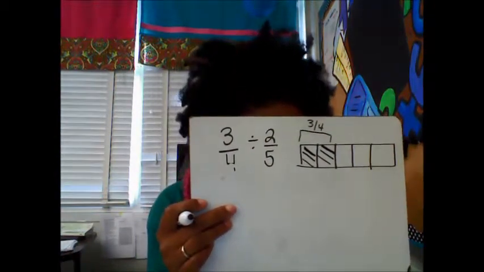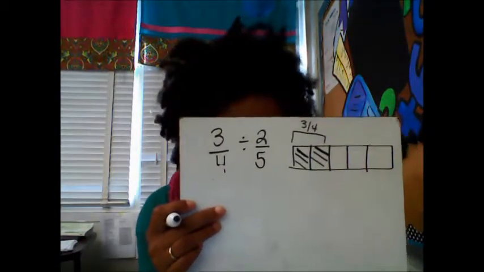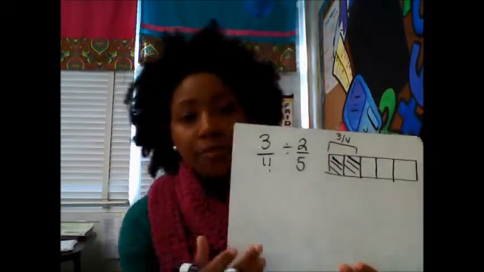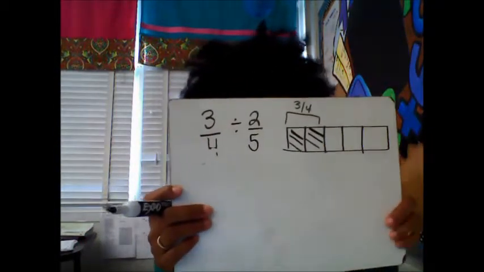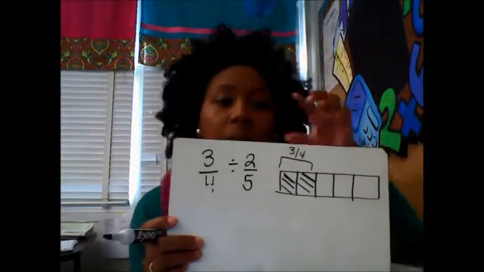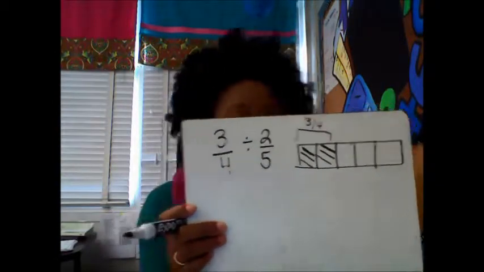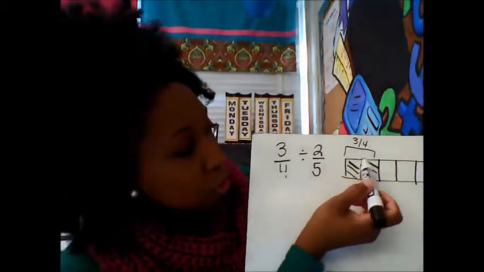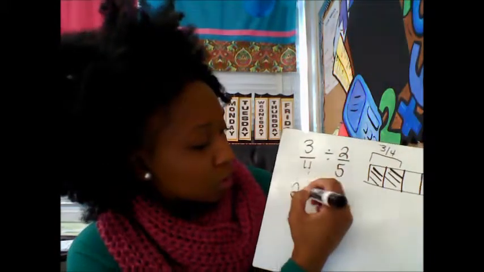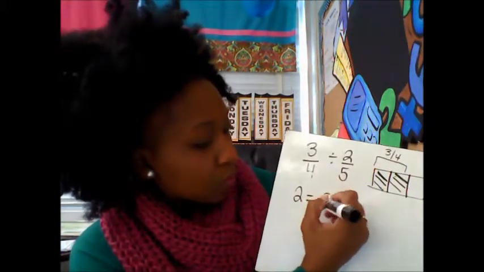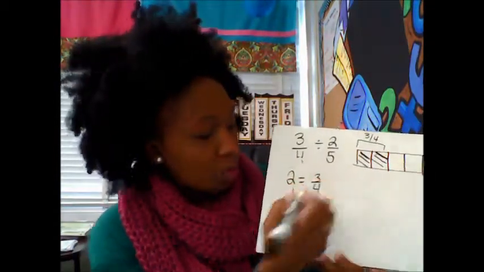We're dividing by 2/5. So 5 is your denominator, and it tells you what kind of fractions we have. So we have fifths, which you see here. We shaded 2 of them in because that's the parts we have to shade in of the fifths. So I know 2 units here equals 3/4. So if 2 units equals 3/4, how much will 1 unit equal?